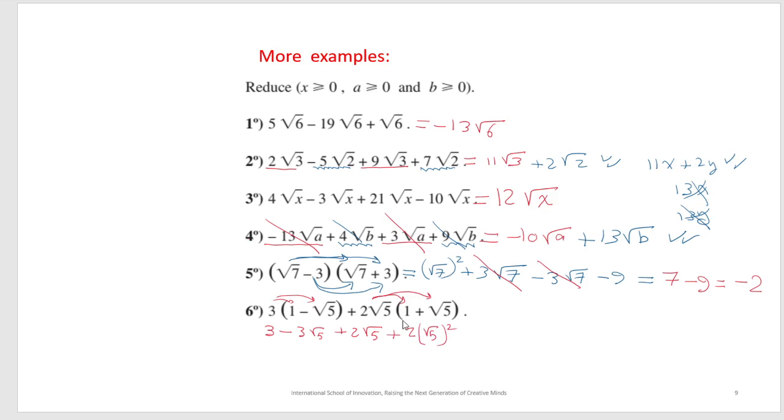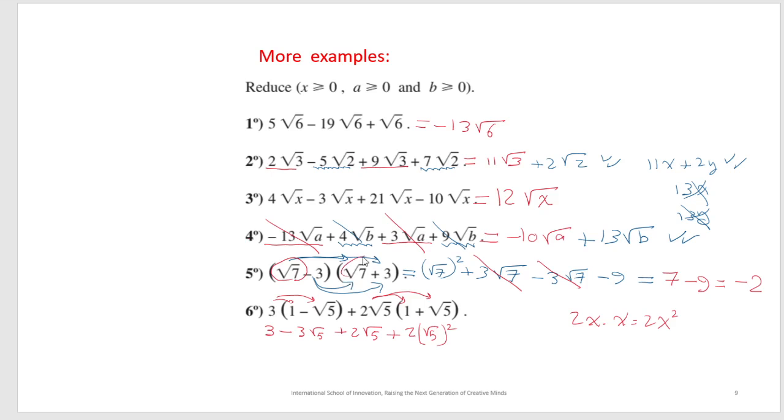Okay, it's the same as 2x times x, so it's 2x squared. So 2 radical 5 times radical 5 is 2 times radical 5 squared. Here the square is only for the radical 5. Okay, same as we have done here.